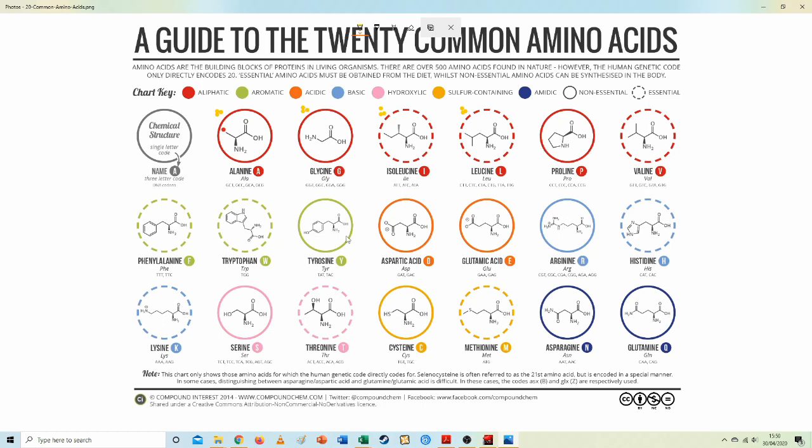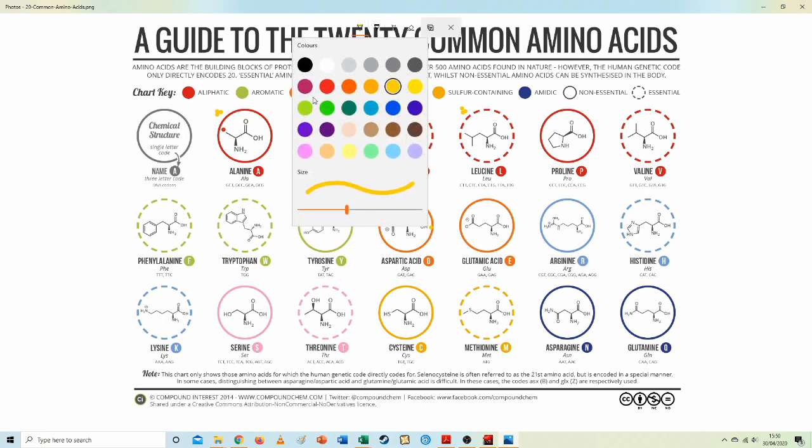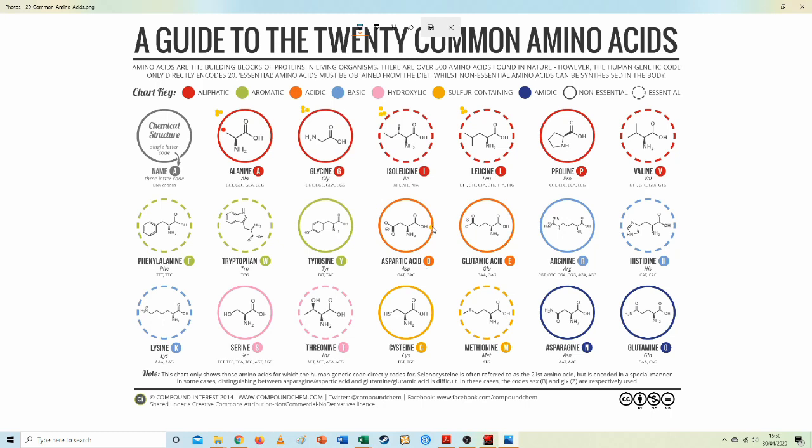Now we're going to skip a few of them because we don't really need to talk about all of them in detail, but what I'm going to do is highlight a couple of them that are either quite polar or actually have a formal charge associated with them. So we are going to change the color here, and we are going to go for a dark blue. And this one here, aspartic acid, has a negative charge.